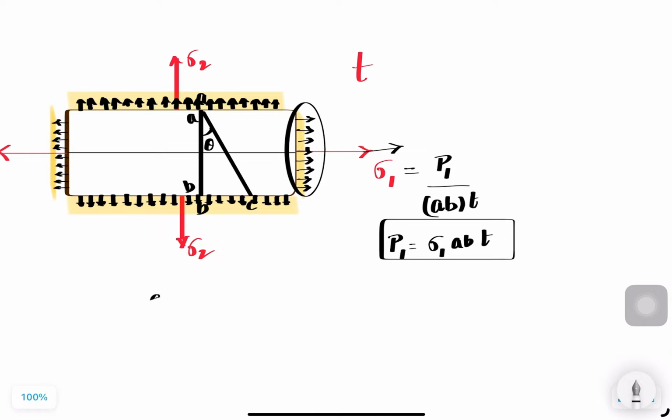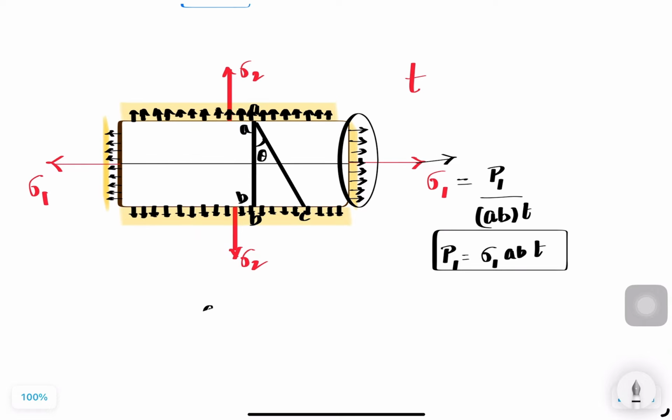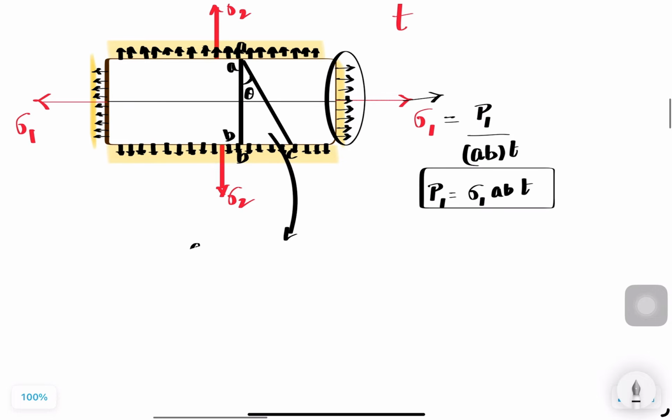Now we know that P1 is, according to the principle of transmissibility, so first, let me draw this triangle separately. Here we go. This is our line AB, and this is our inclined plane AC.